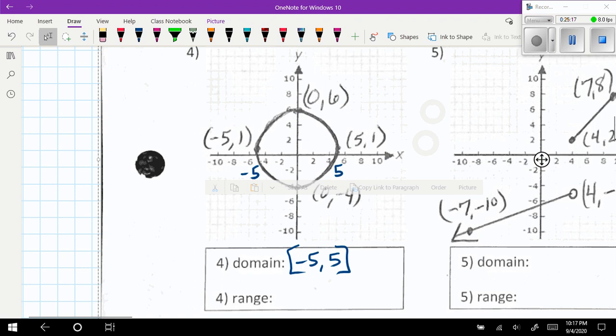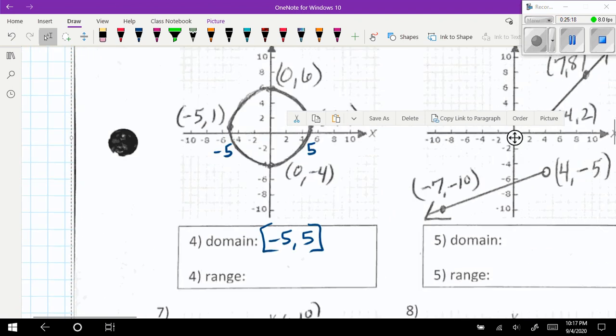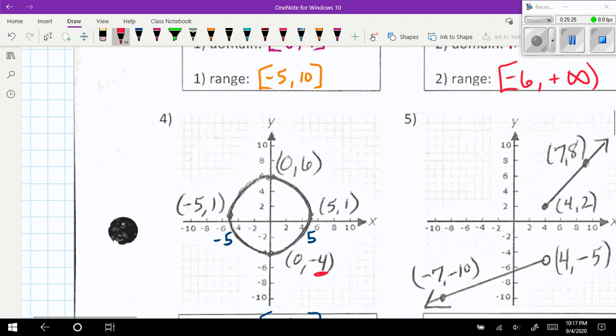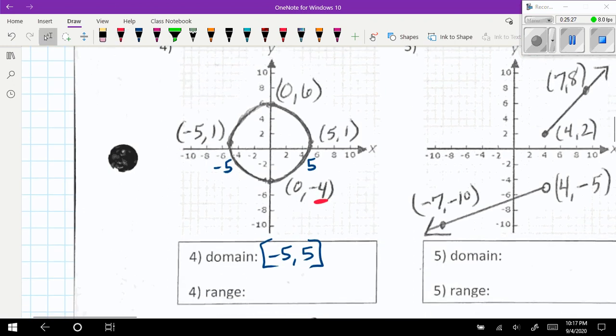No, it doesn't like to be tricked. Okay, I'm back. The lowest point is -4 for my y value. The highest is a 6. So I would end up with -4 to 6, including both of those points.